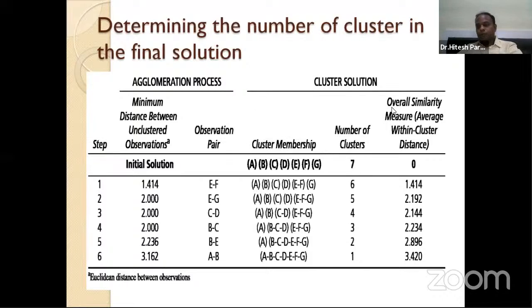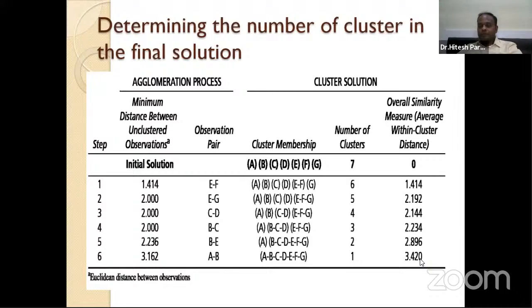For that, we need to observe this overall similarity measure. You need to observe where the highest change is occurring. So you can start with the 1 cluster solution from the base, and then move further. The 1 cluster solution is 3.42. Then from 3.42, it becomes 2.89. From 2.89, again it is 2.23. Then 2.23, 2.14. From 2.14, 2.19, and then 1.41.